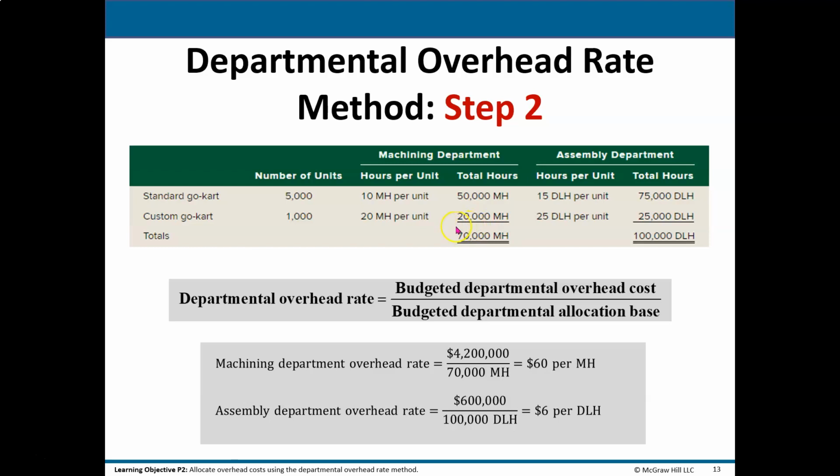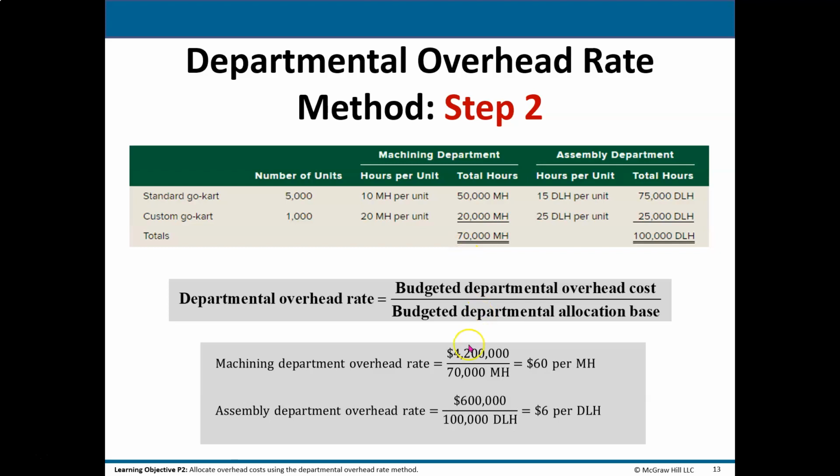So we're going to have a total of 20,000 machine hours used to produce those 1,000 custom go-karts. So what are the total machine hours I'm going to use in the machining department? Well, the 50,000 for the standard go-kart and the 20,000 machine hours for the custom go-kart. So it's going to require a total of 70,000 machine hours in the machining department for this period.